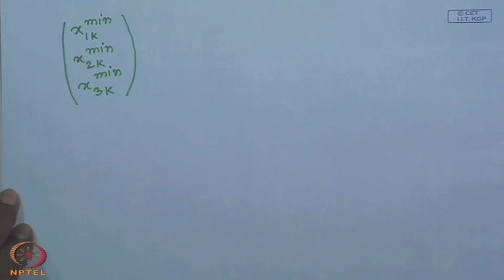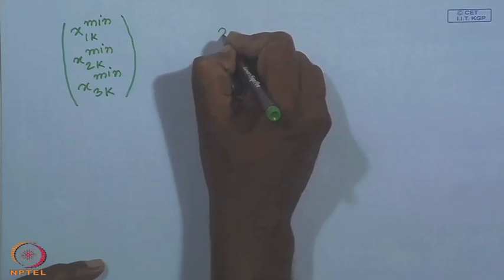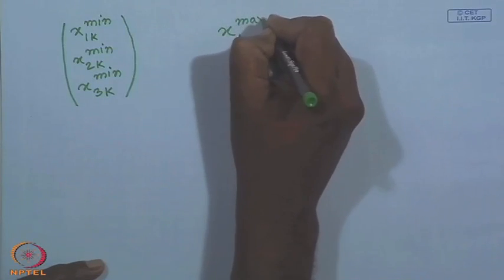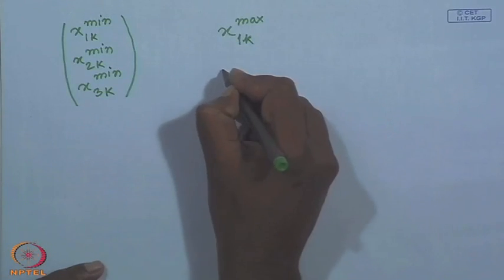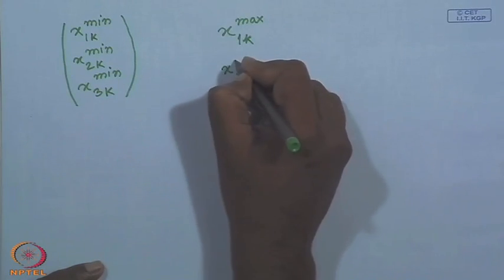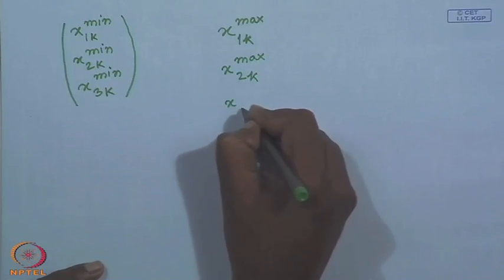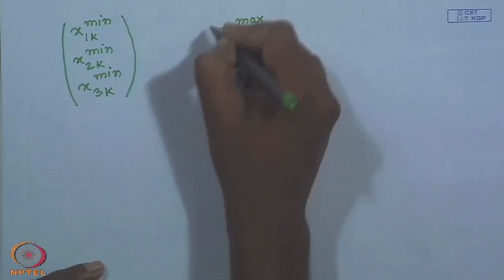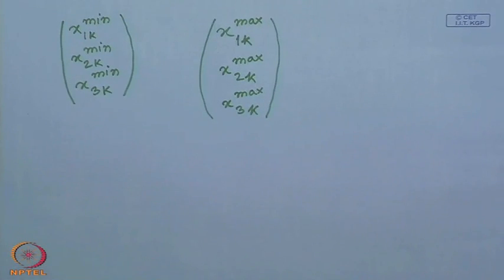So, this is the min point of the kth bin. Similarly, the max point I define as x1 max for the kth bin, so x1 max k, x2 max k and x3 max k. So, this is the max point of the kth bin.